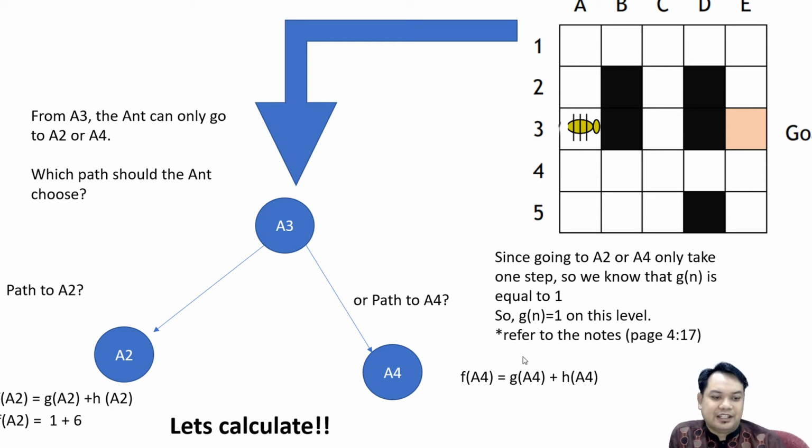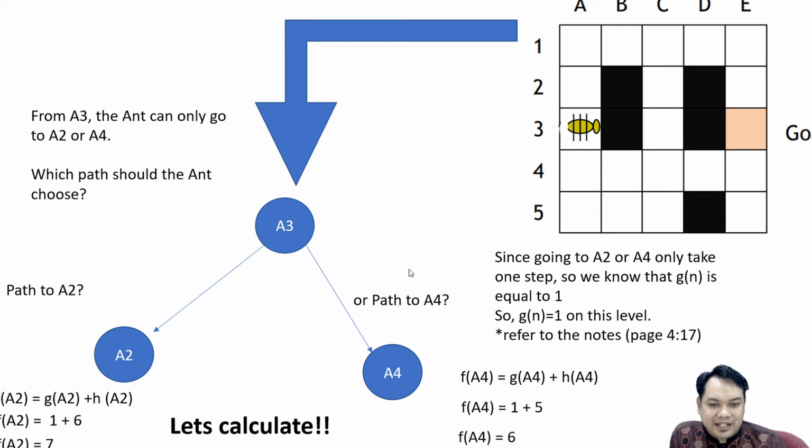So GA4 is 1 because the number of boxes it travels is 1. So GN is 1. So HA4 is 5. So the total for A2 is 7. The total for A4 is 6.